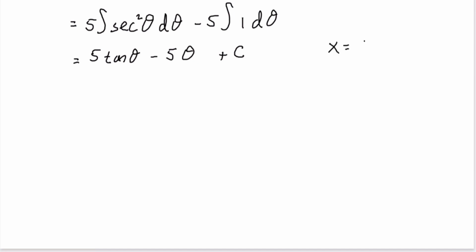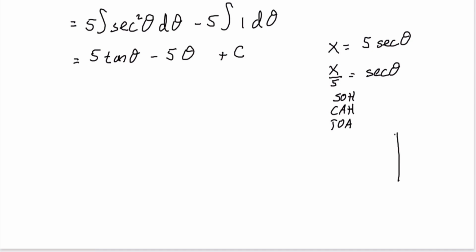x equals 5 secant theta. Let's divide both sides by 5. We're going to use this to help us set up a triangle. Recall the SOH CAH TOA from back in trig. That will help us set up this triangle.